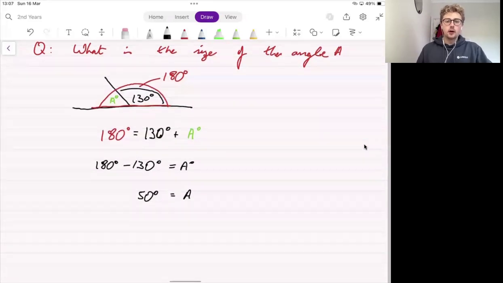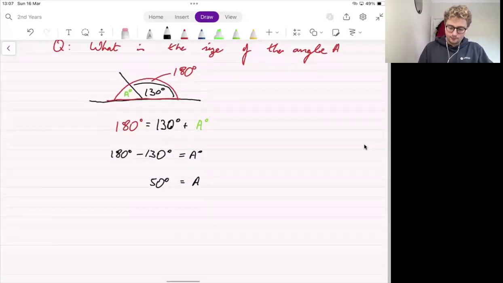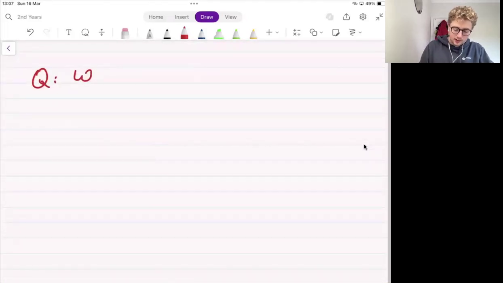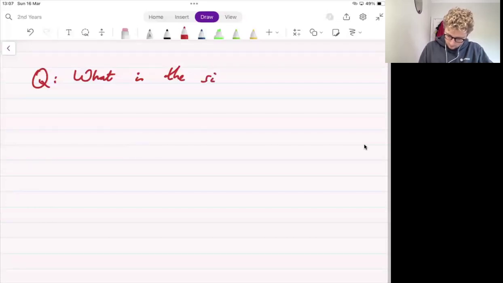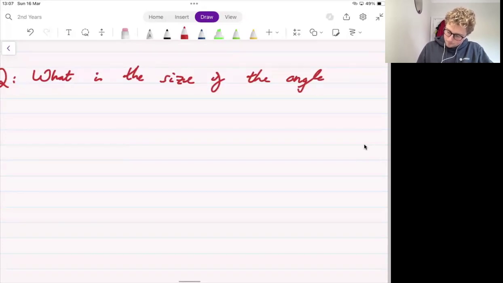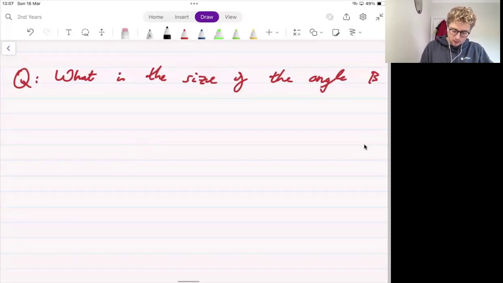Grand, good stuff. So, I want you guys to do one. This time, I'll zoom back out in a second. What is the size of the angle B? And let's say we're given this diagram here.